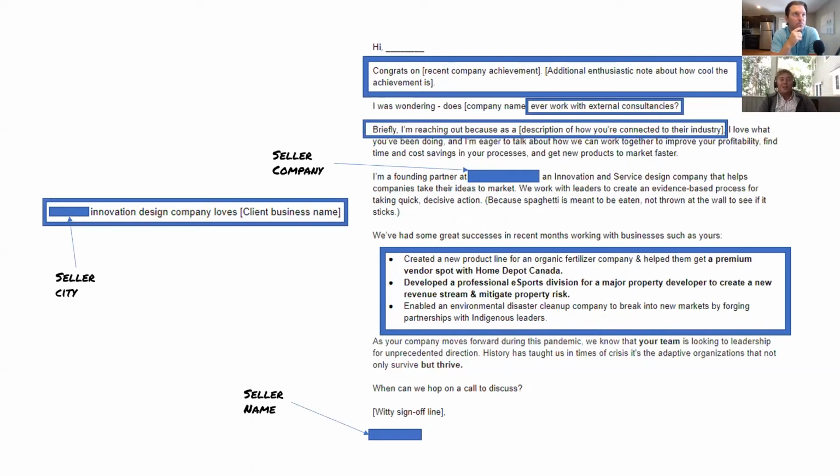I was wondering, does company name ever work with external consultancies? Because other similar consultancies, or other companies like yours, I'm noticing, are doing X, Y, and Z, right? Give a little bit of color, a little bit of FOMO, right? Hey, we've got something here that you're not doing, and I just want to let you know about it.